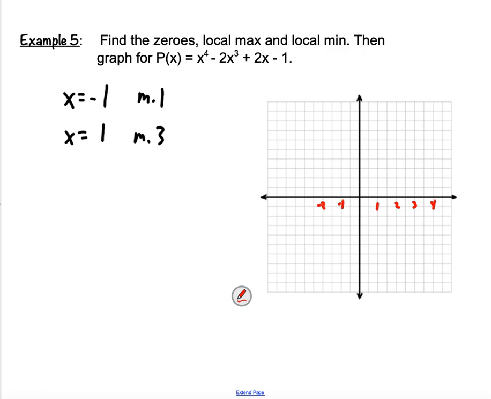Something like that. And then same thing going up. So maybe I'll do something like that so it's easier for us to graph this. So those are our 2 zeros there.